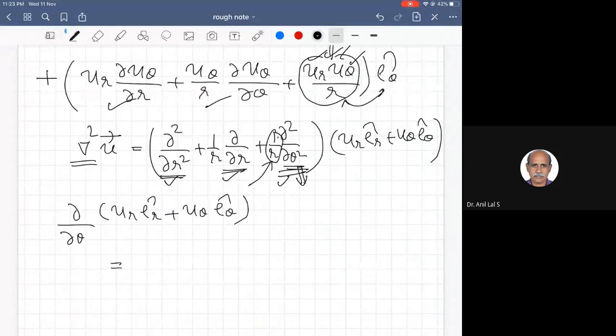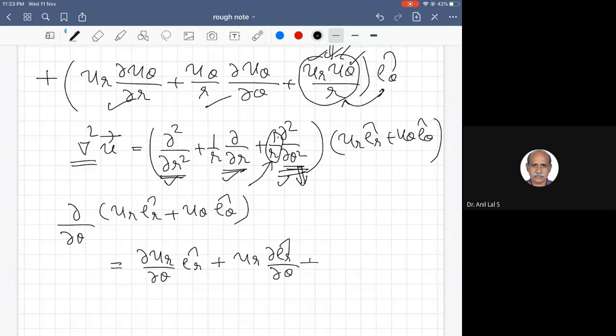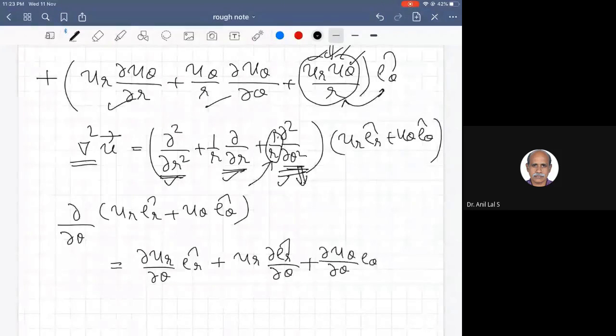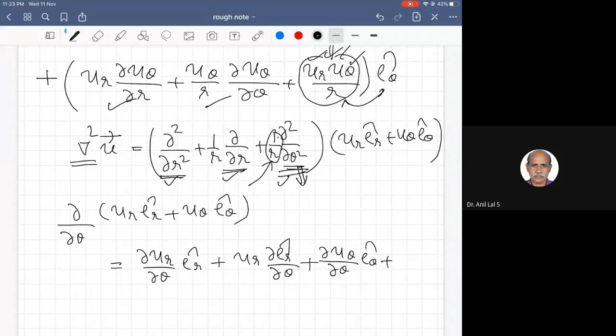The first stage differentiation comes as dou ur by dou theta into er plus ur into dou er by dou theta plus dou u theta by dou theta e theta plus u theta into dou e theta by dou theta.